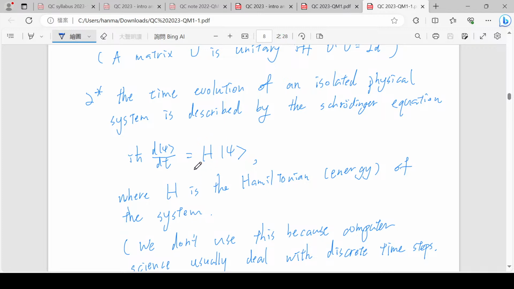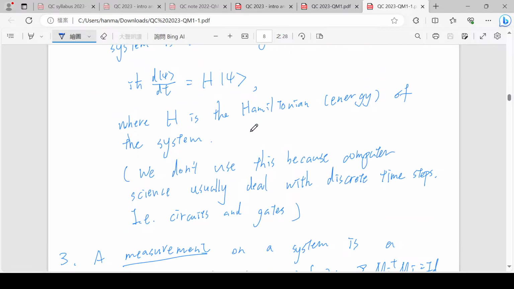This H depends on the system, and usually corresponds to the energy of the system. And so given this H, you can solve how psi evolves through t by solving this initial value problem, etc.